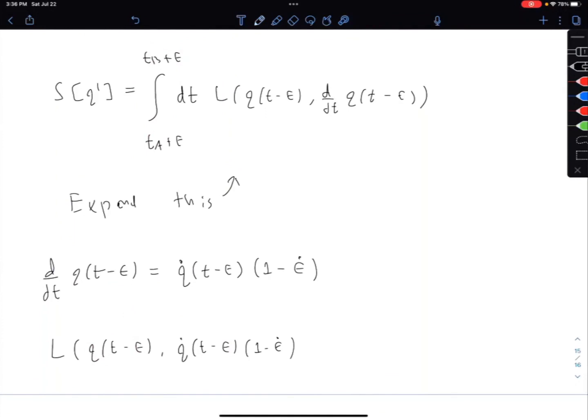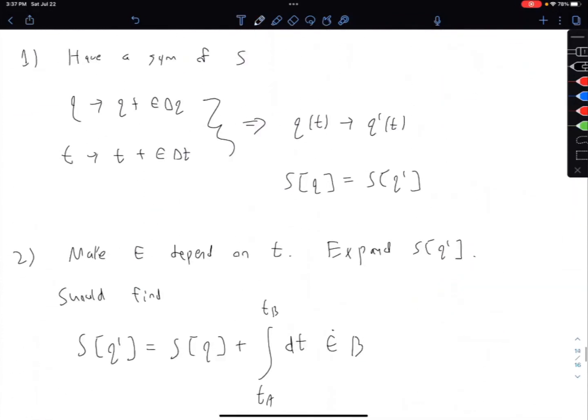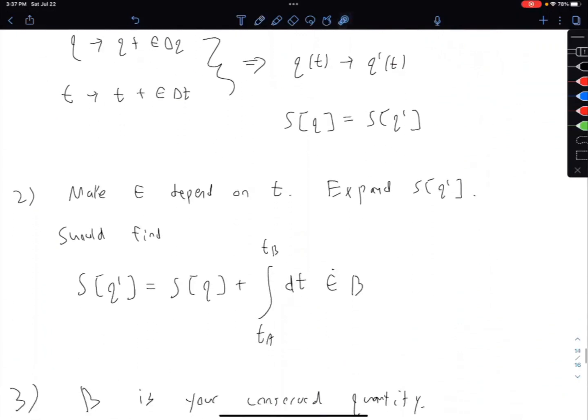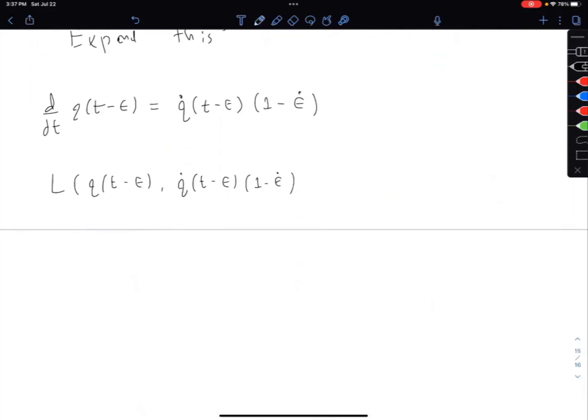So I'm going to change variables, because ultimately, in the Noether procedure, I want to expand the action and have the same bounds as the original path.